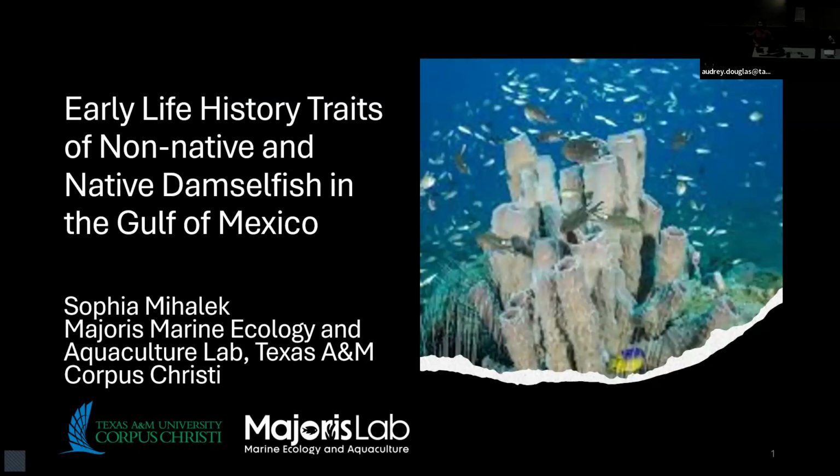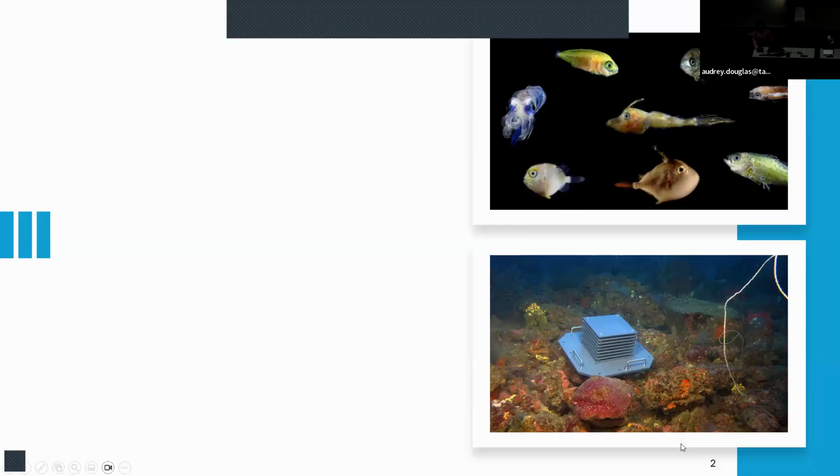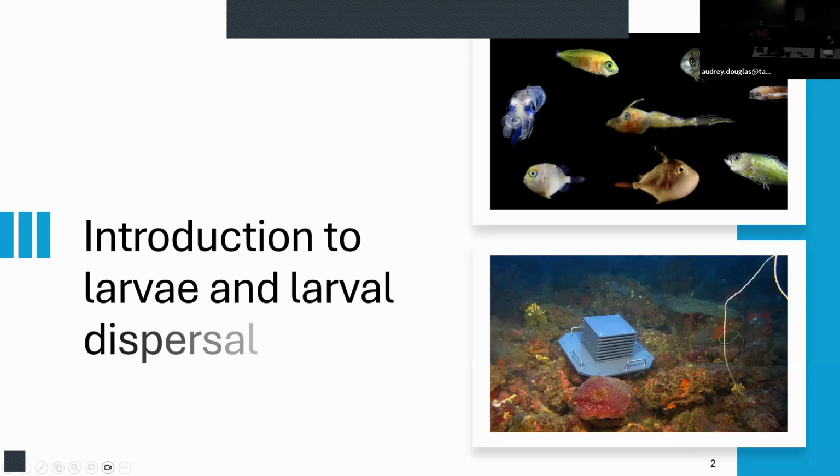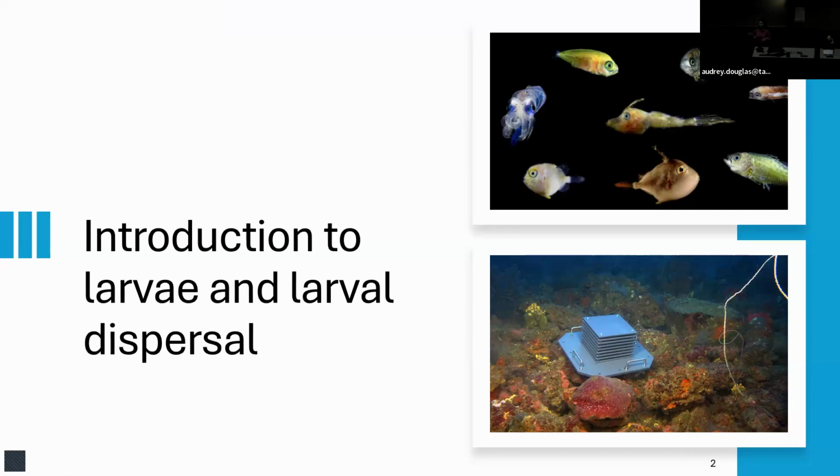My research looks at the early life history traits of non-native and native damselfish in the Gulf of Mexico. First, I wanted to do a little introduction to larva and larva dispersal because that's something that not a lot of people might think of or know about. When reef fish have eggs, those hatch and they become larvae, and they're really small and not as developed, and they're not fully a juvenile fish yet.